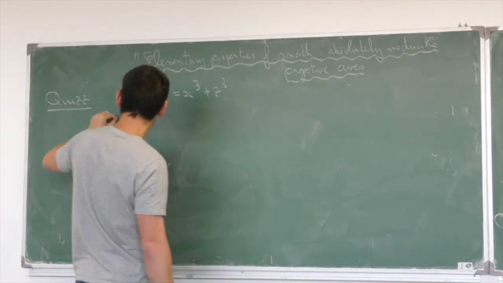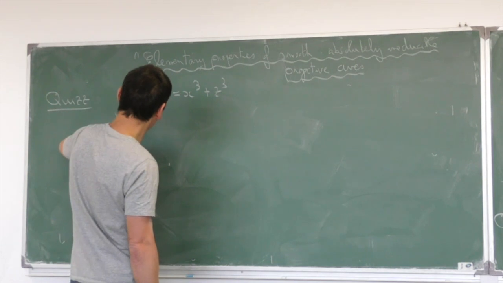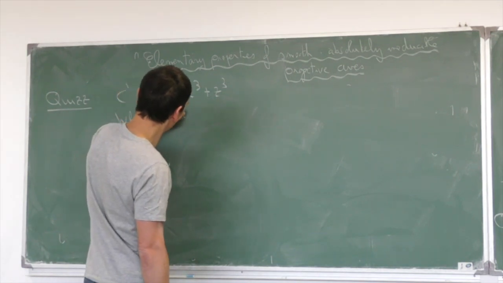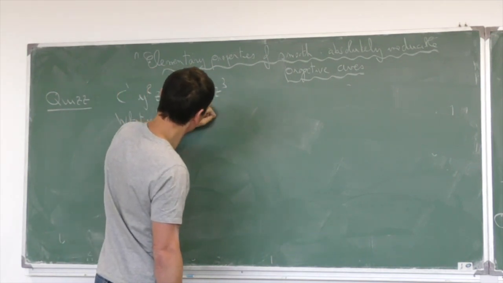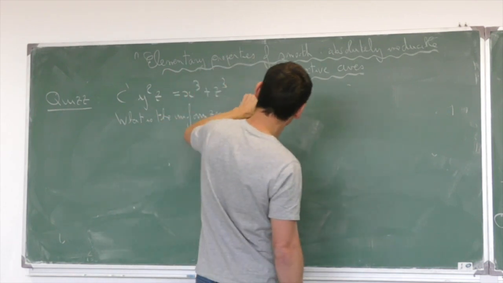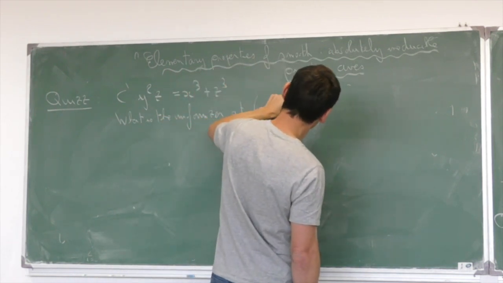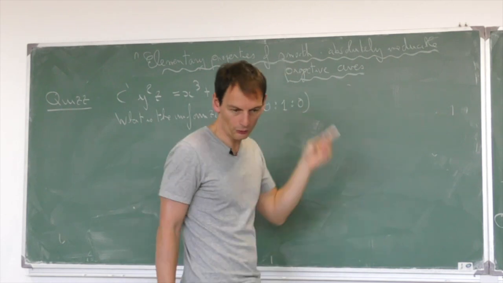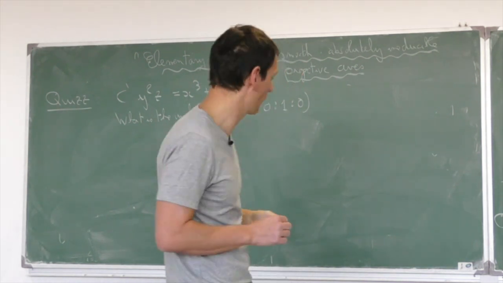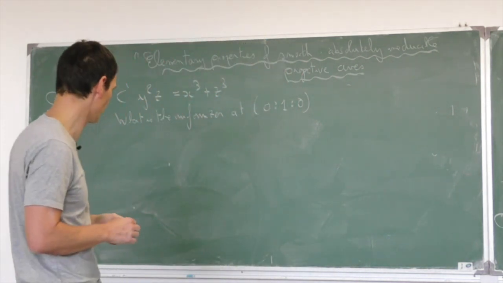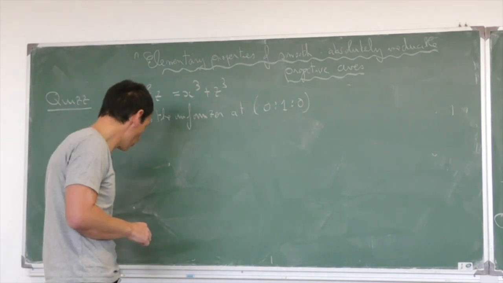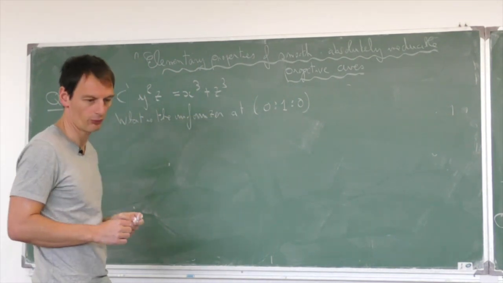And I'm asking what is the uniformizer at 0, 1, 0. Of course, you should first prove that the curve is indeed a smooth curve at this point.